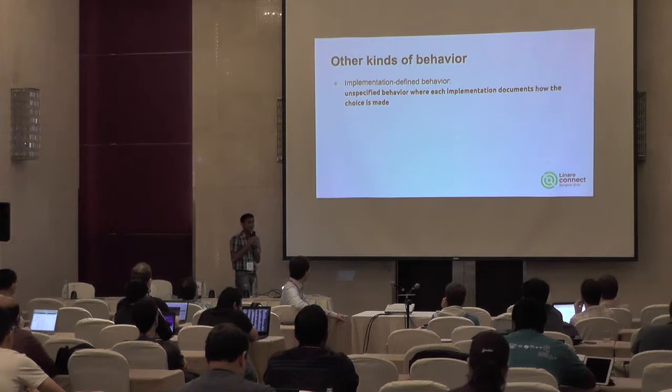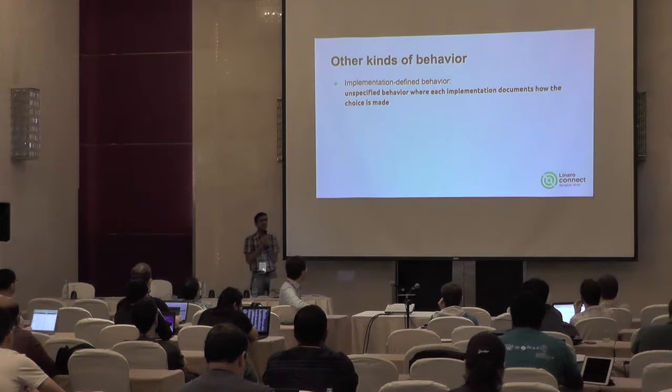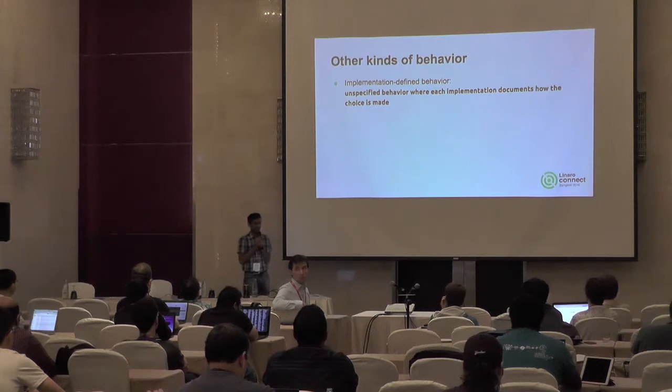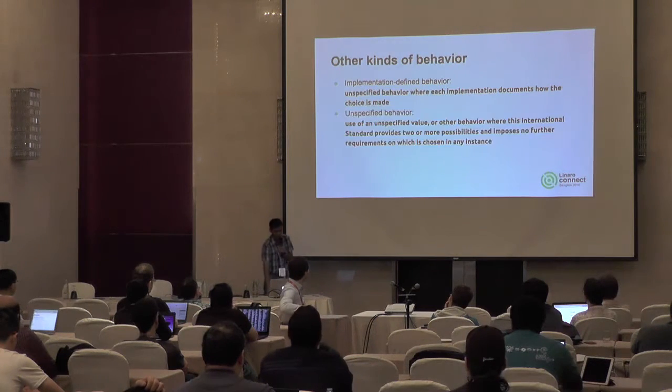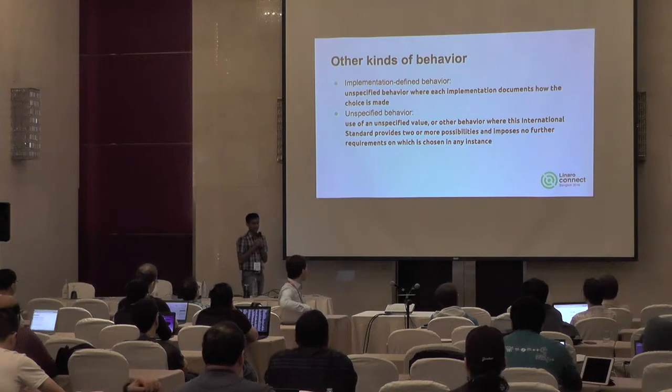The standard also defines other kinds of behavior other than undefined behavior. There is implementation defined behavior, that's defined as unspecified behavior, where each implementation documents how the choice is made. A good example for this one would be the size of integer. And the other one is unspecified behavior.